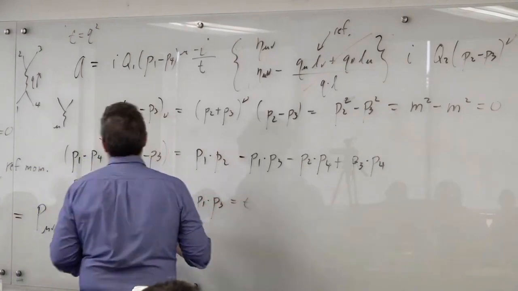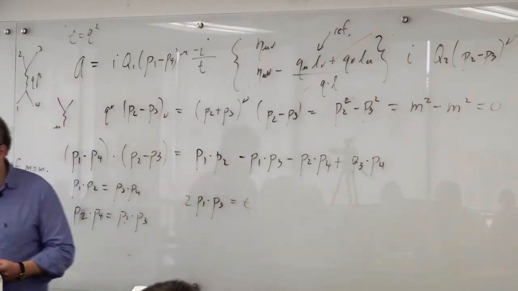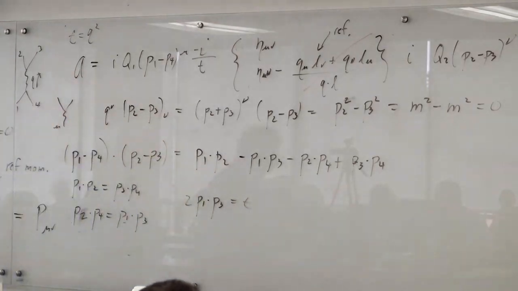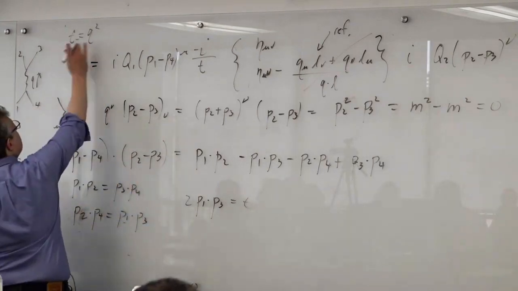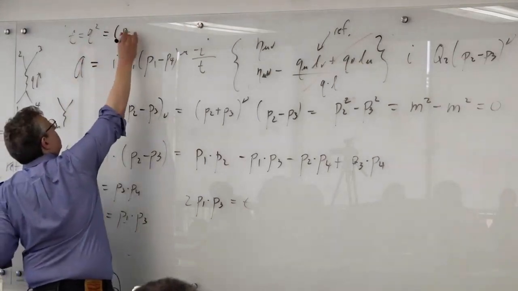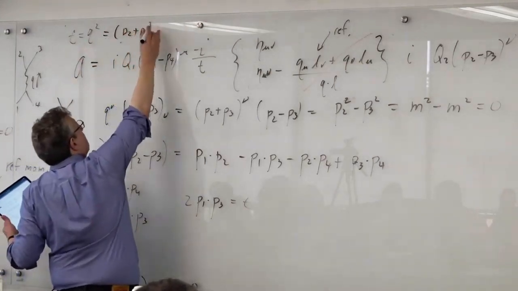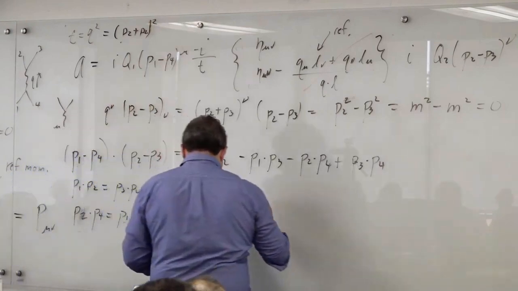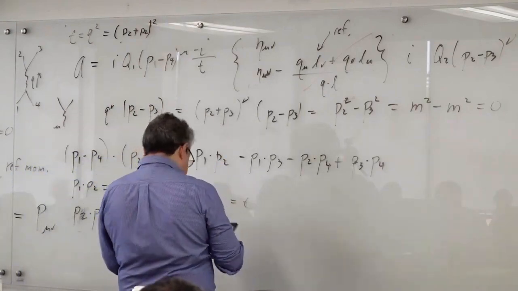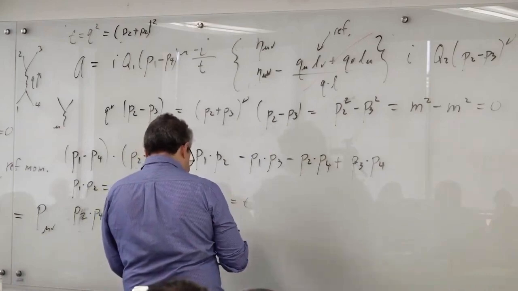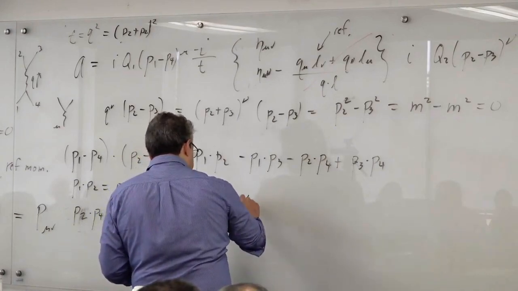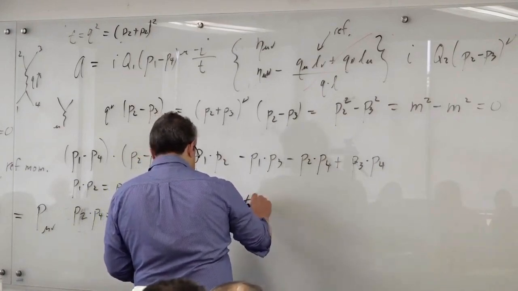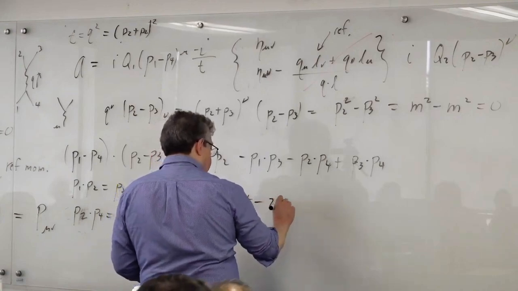is equal to T. There's my T, T is Q squared, is P2 plus P3 squared. That's what T is. T minus, let's see, where was I? It's minus T minus 2P1 dot P2.